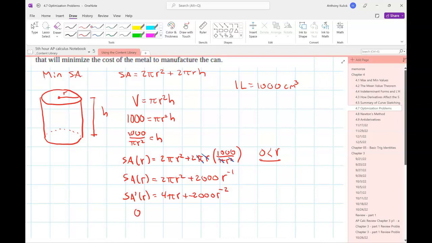All right, now we'll set this equal to 0. Oh, well, let's do this first. We'll note that this is undefined when r equals 0, right? Does that matter, though? Mia is shaking her head. No, why not, Mia?